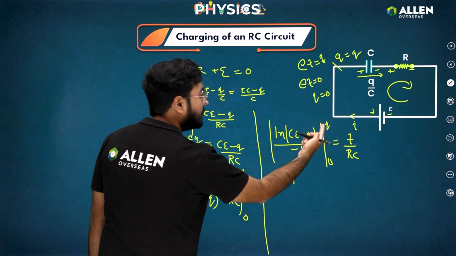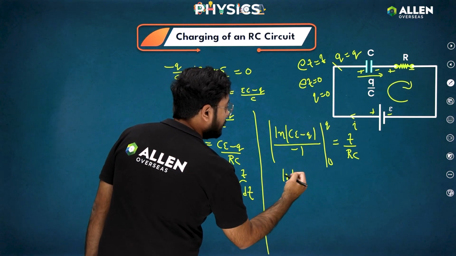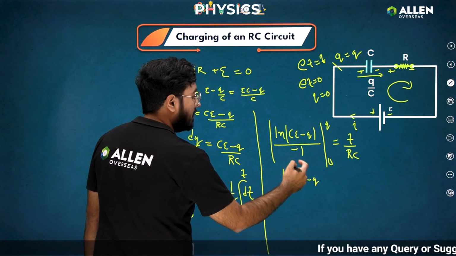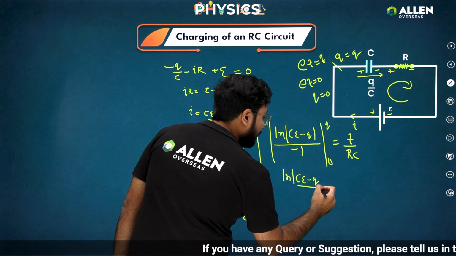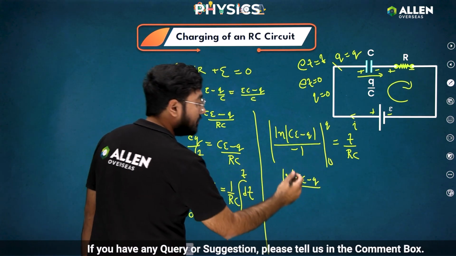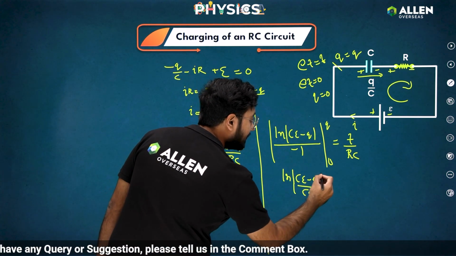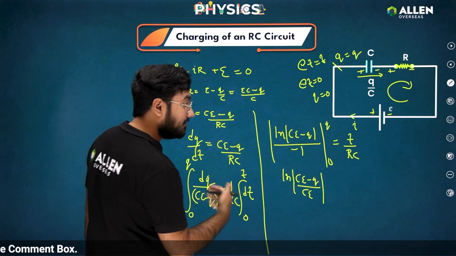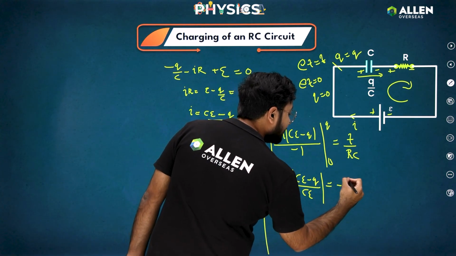So this will be ln of CE minus Q over, if you substitute Q as 0, it will be CE only. So ln(CE minus Q) minus ln(CE), so ln of (CE minus Q) by CE is equal to minus t by RC.